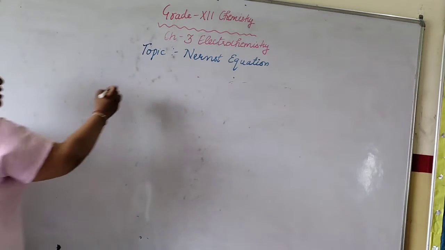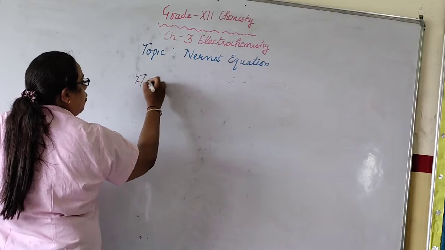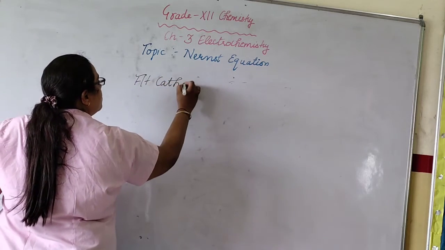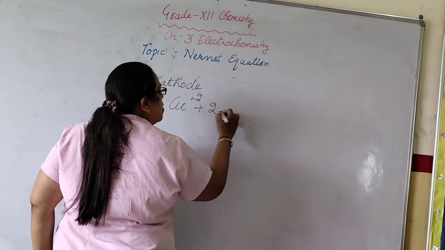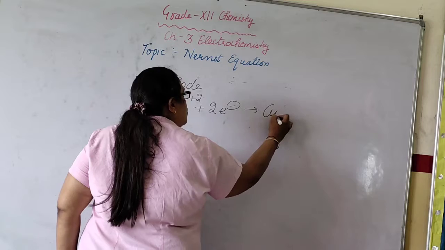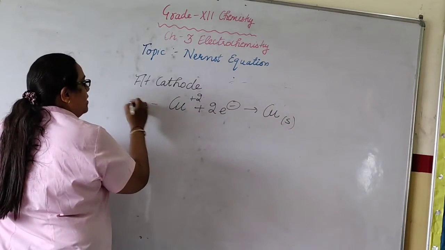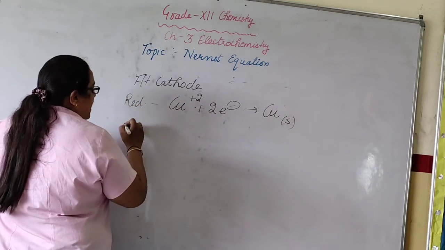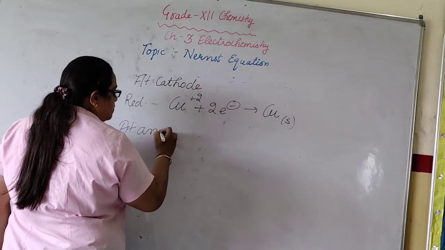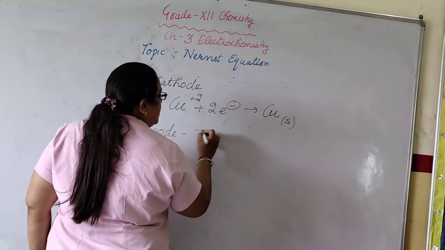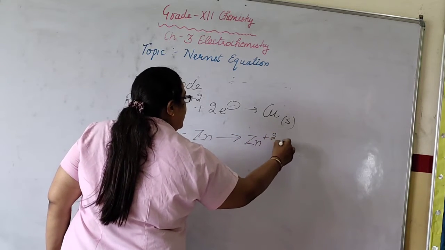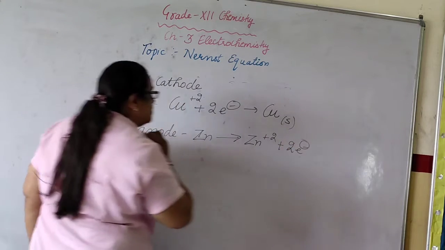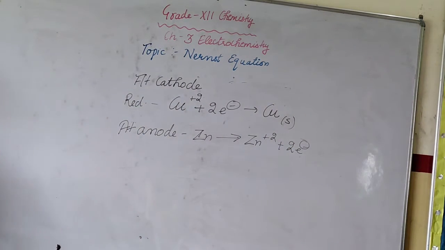In the Daniell cell, at the cathode, copper plus 2 is converted into copper; that is, reduction takes place. And at the anode, oxidation takes place; that is, zinc is converted into Zn plus 2 ions. This is the reaction taking place at the cathode and anode.